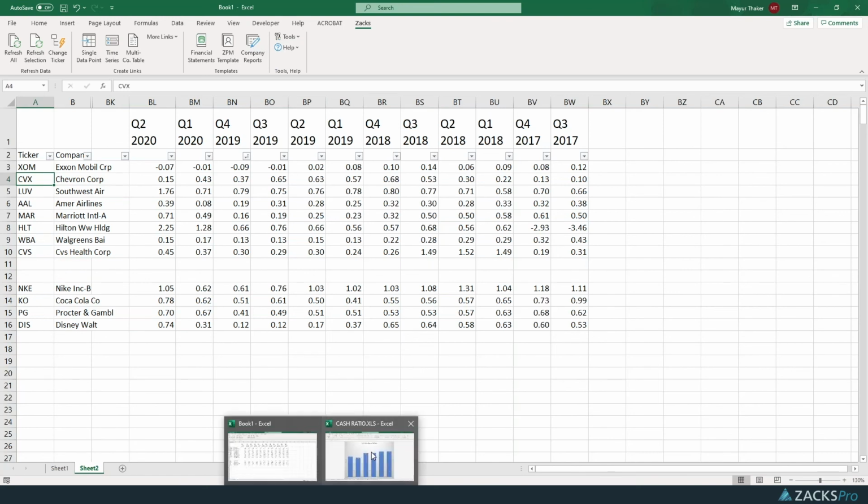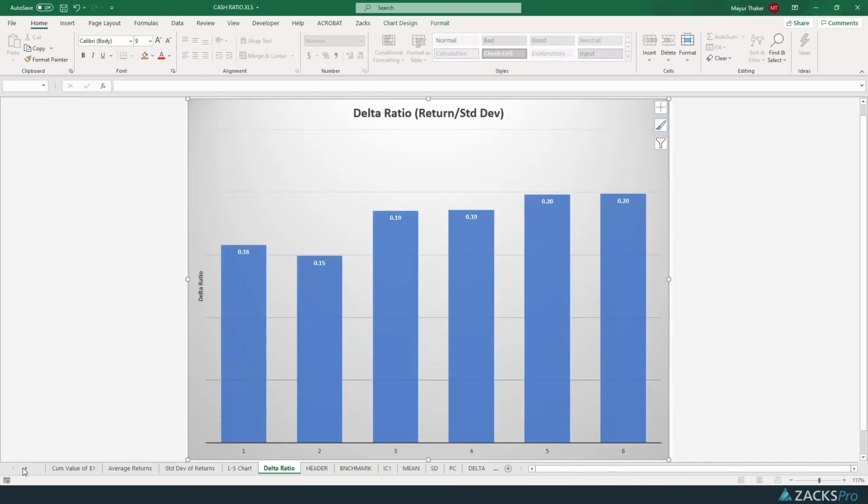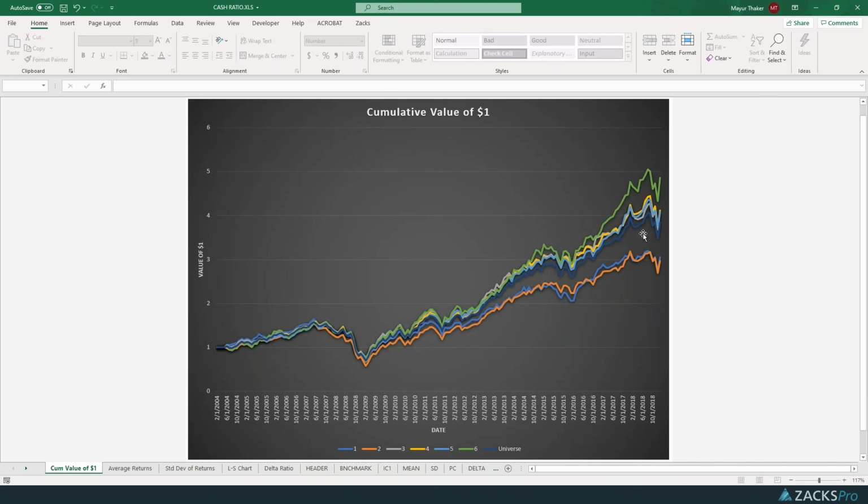But going back to this back test that I showed here, this is the big reason why this liquidity ratio is something of exceptional interest, because you can see that not only is it a performance driver, but it also helps you avoid the major pitfalls and separate companies that are a performance drag within your portfolio.